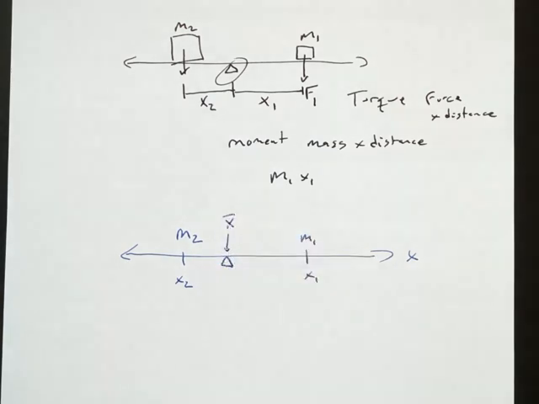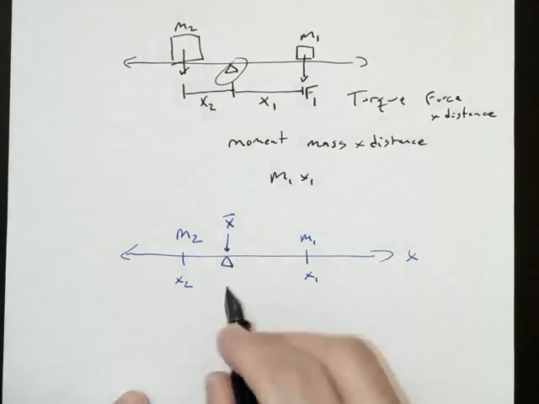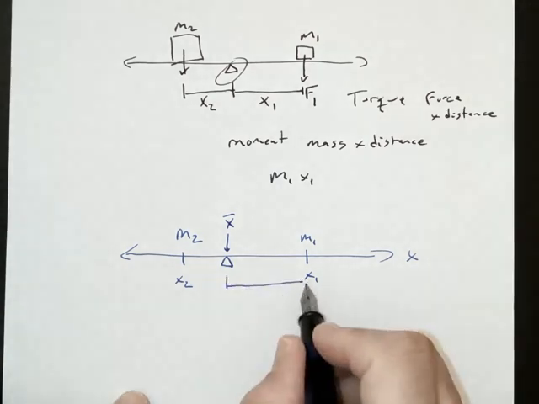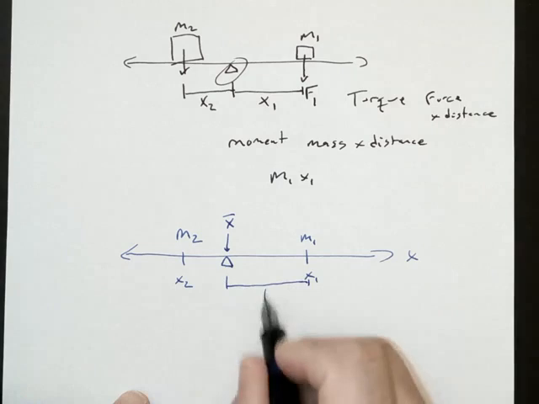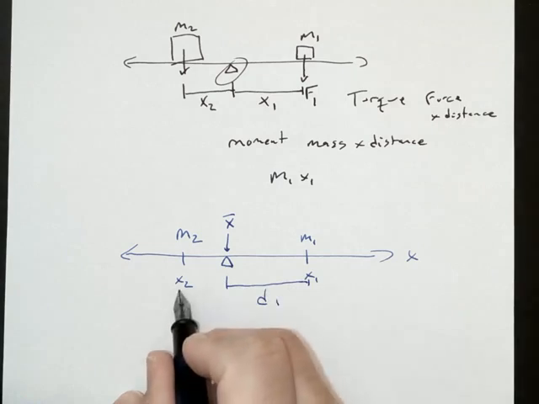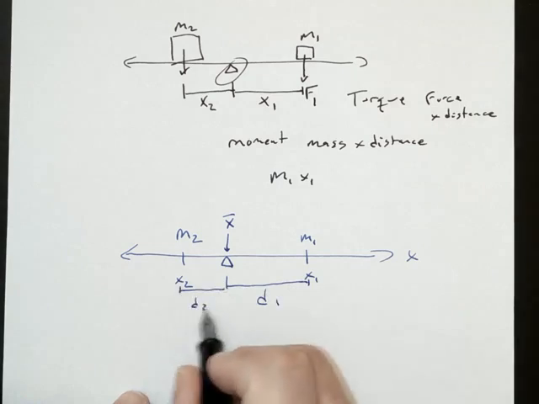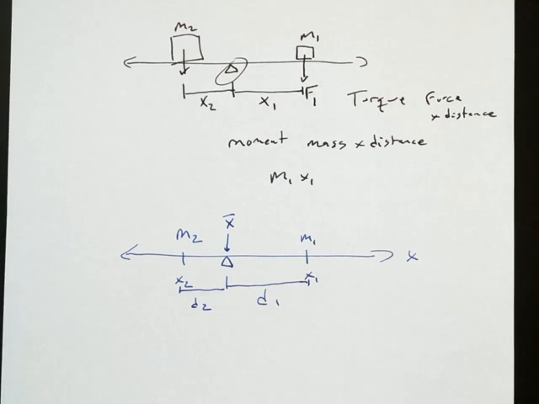So we're going to give that variable x bar. Well, then the distances that I've indicated up on the top are now here. Distance 1 and distance 2.